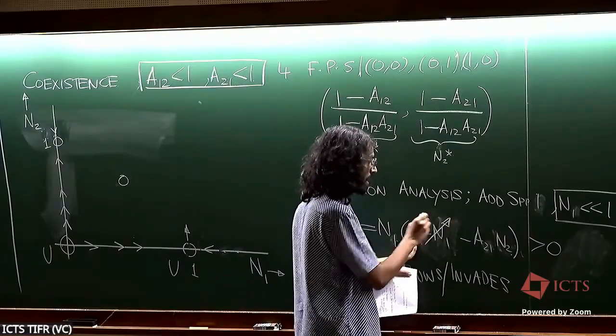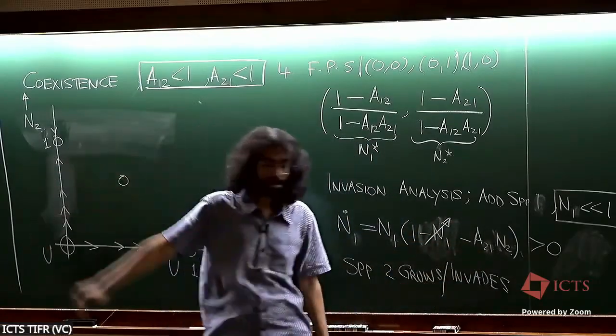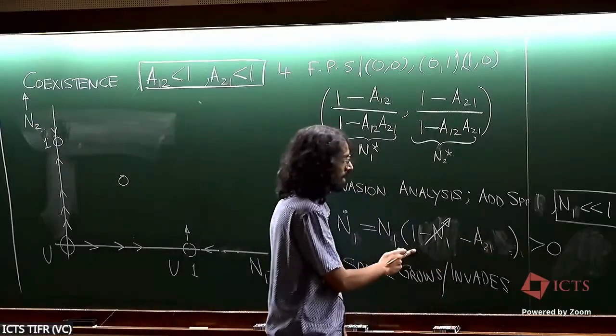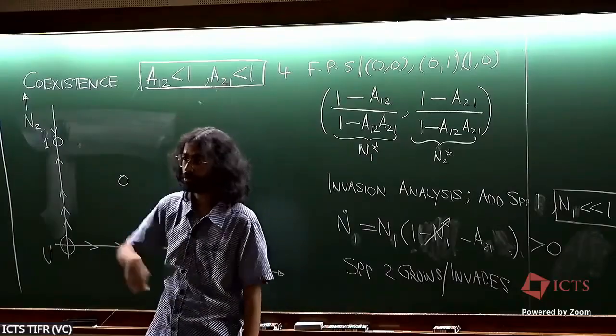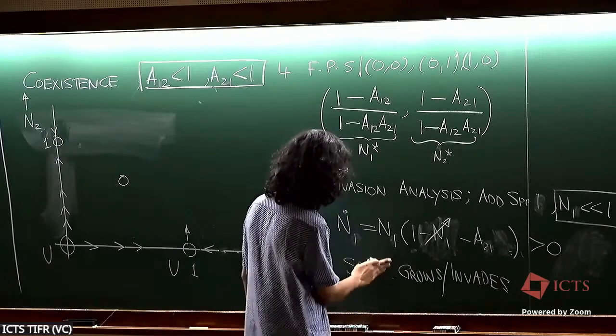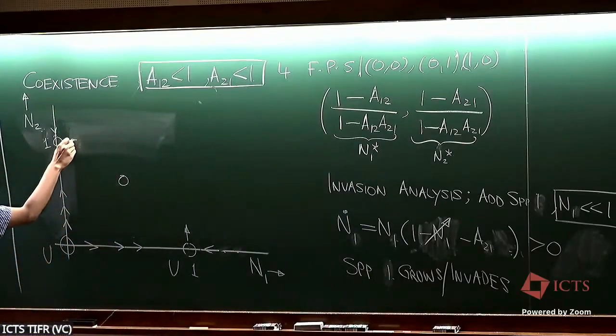So you neglect it. N2 at this fixed point is 1. You substitute as 1, and again you end up with 1 minus A21, which again you know is going to be positive. So species 1 will grow and invade. And so again you found one more unstable direction. So this is also unstable.